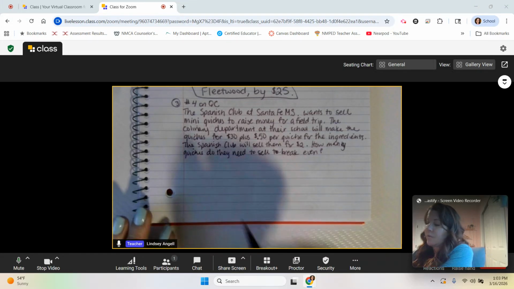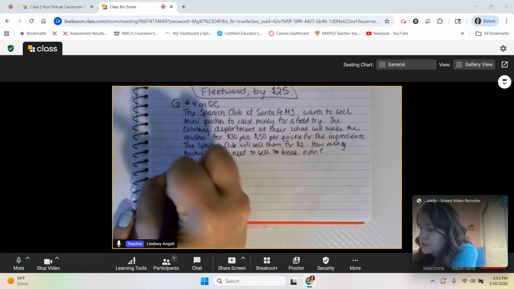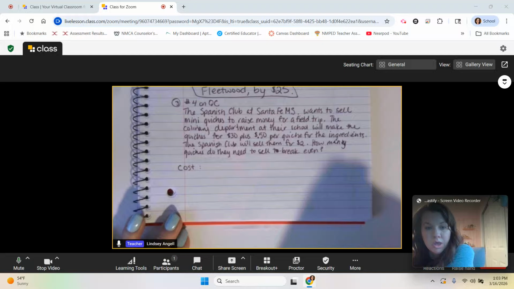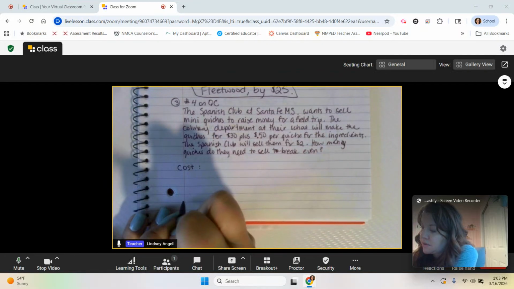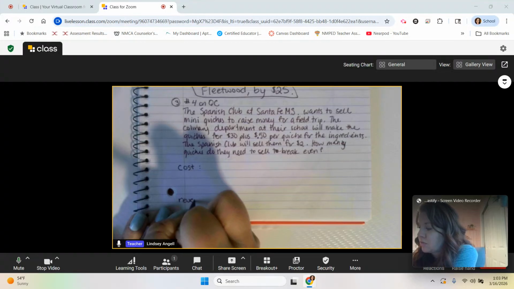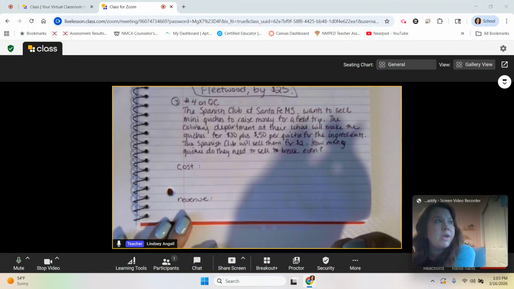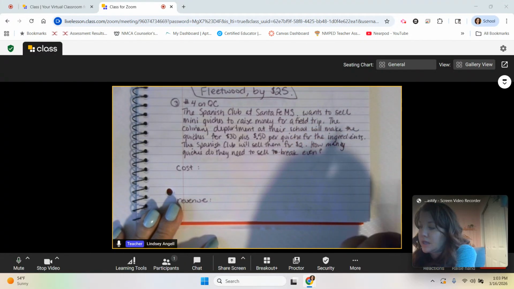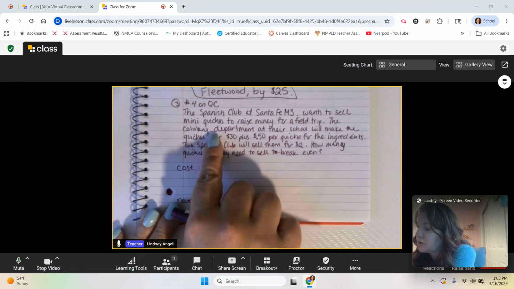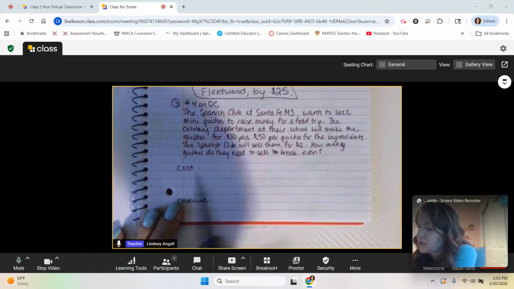So first off, we need two different equations. We need an equation to show the cost, but then we also need one to show the revenue, meaning how much we're actually making. So the cost, that's this one right here from the culinary department. It says they're going to charge $30.